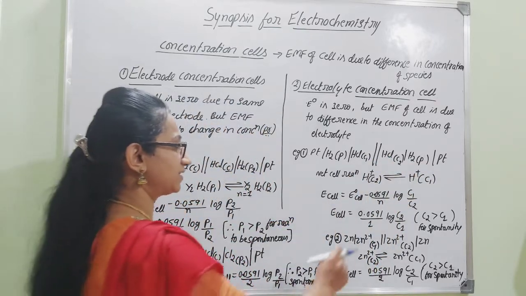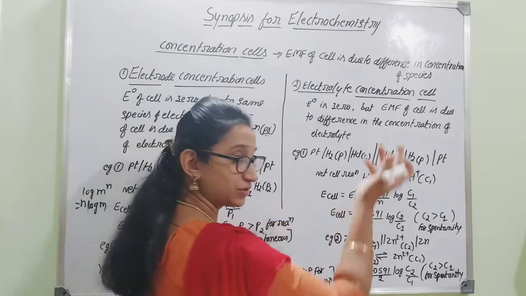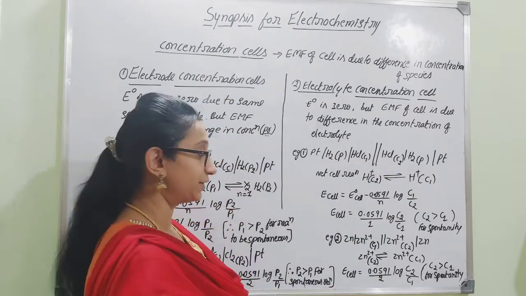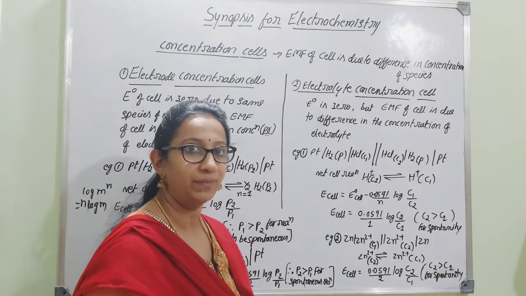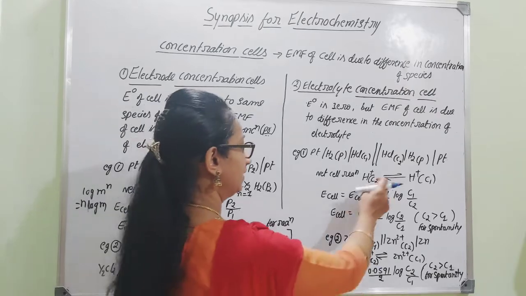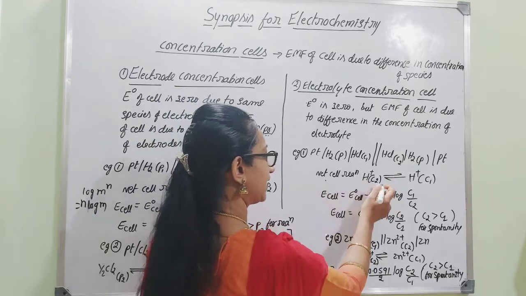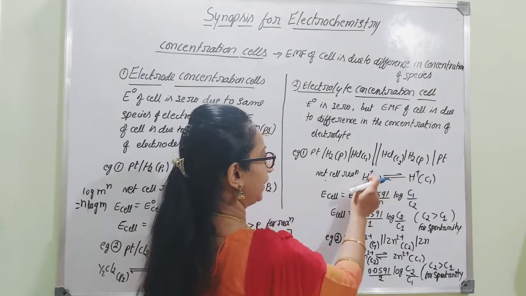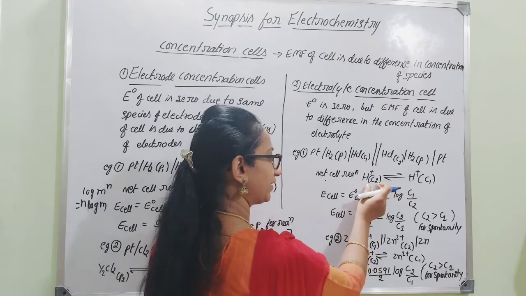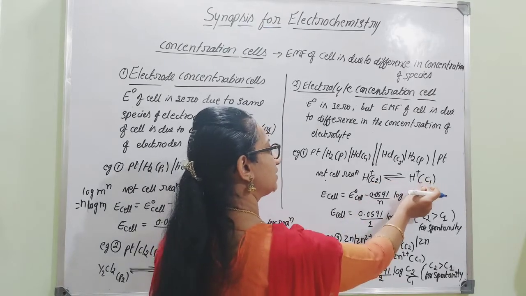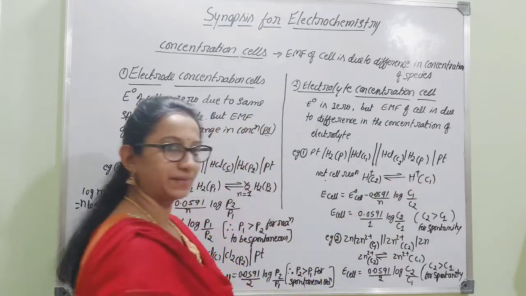If you consider the net cell reaction, as usual you can write by yourself the anodic and cathodic reactions for this cell representation. By combining them, you will get the net cell reaction as given here. H plus with concentration C2 on the left-hand side and H plus with concentration C1 on the right-hand side.